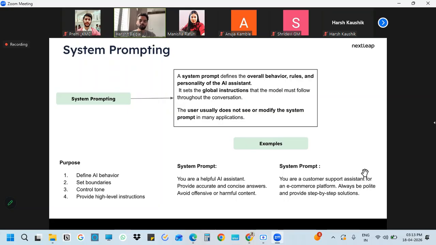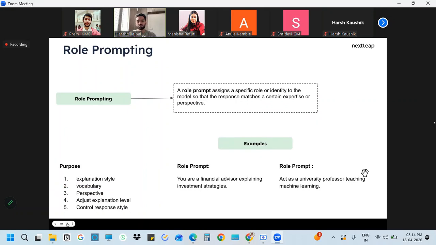There you will give a similar instruction that, hey, have a polite language, don't use offensive language. So you would give that instruction to the model, that don't use any foul languages, don't use any, let's say, sarcastic languages. You are helpful, kind, etc. So you give the instruction to the system.